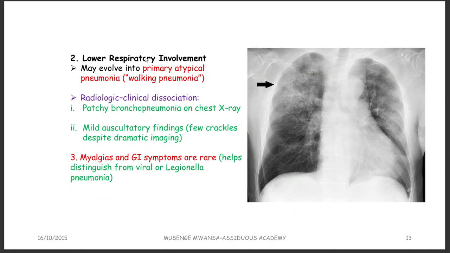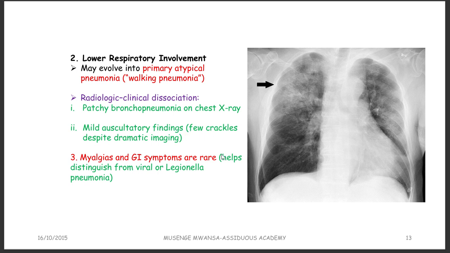So lower respiratory involvement can also happen, and may evolve into primary atypical pneumonia, also known as walking pneumonia. This is the involvement of the lower respiratory tract. Radiological or clinical dissociation: when you look at the chest X-ray, there will be patchy bronchial pneumonia, and then mild auscultatory findings. There will be crackles.